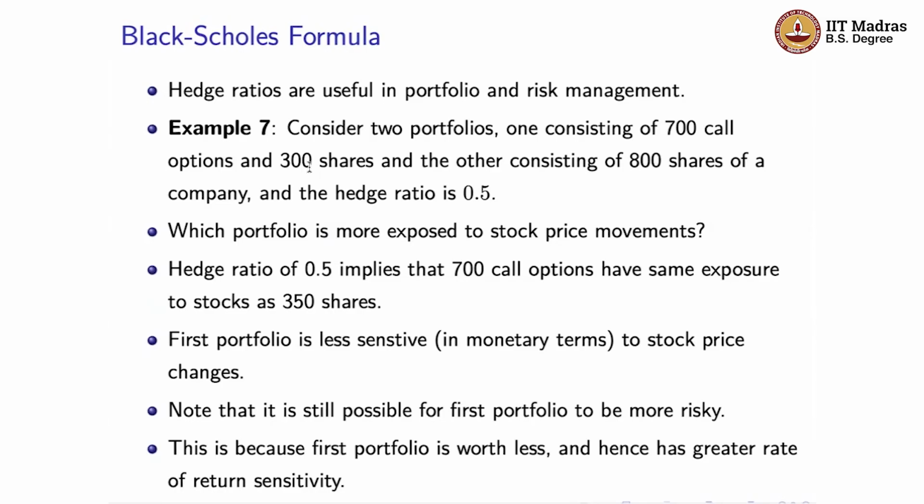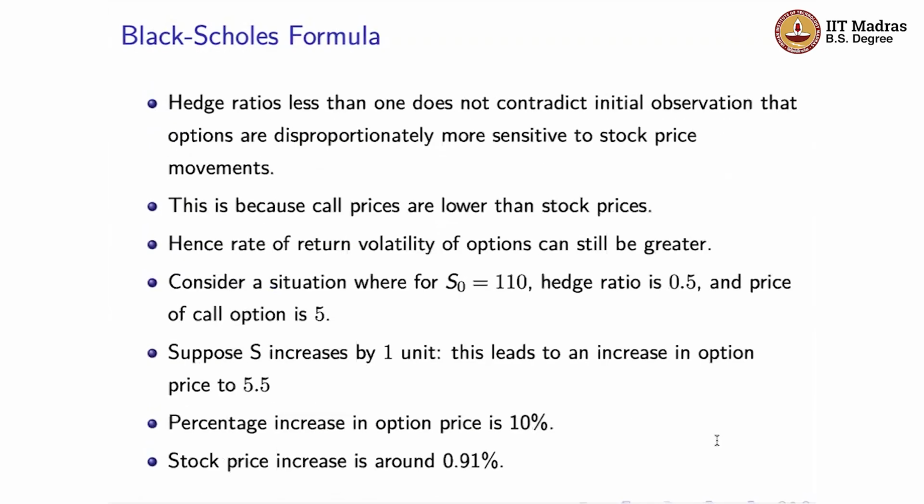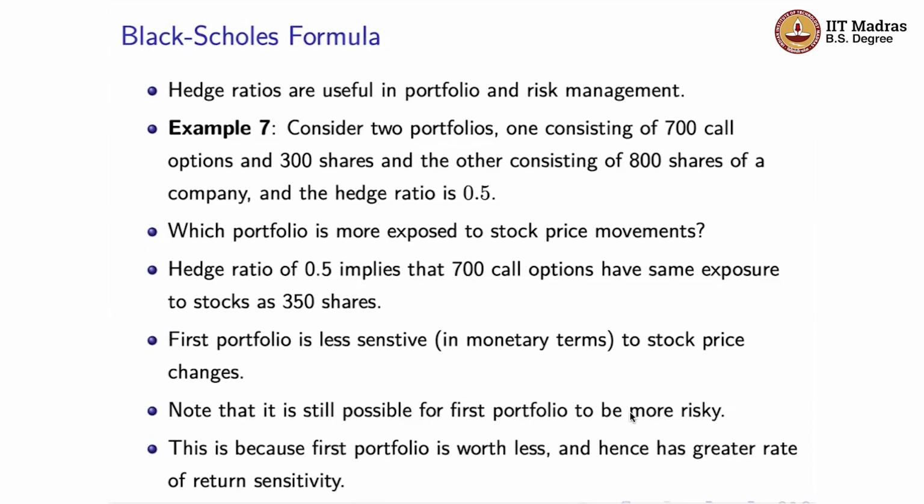This would also mean that the first portfolio is cheaper, because call options are, as we have mentioned, cheaper than the shares. And so, because the first portfolio is worth less, it can have a greater rate of return sensitivity, right? So exactly the discussion that we had here, right?